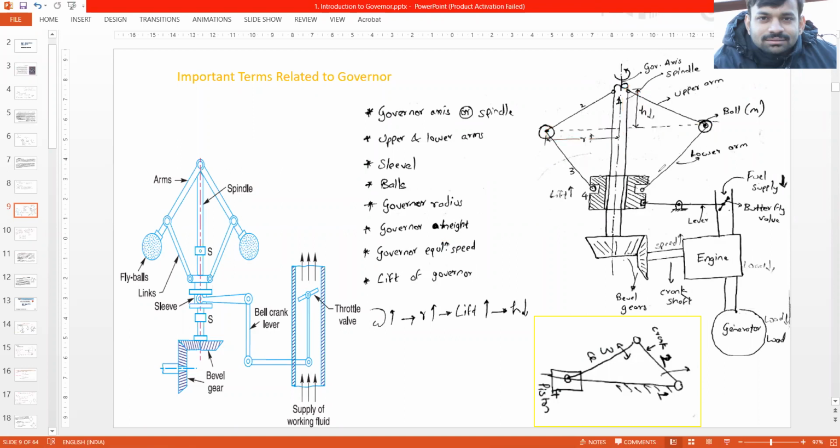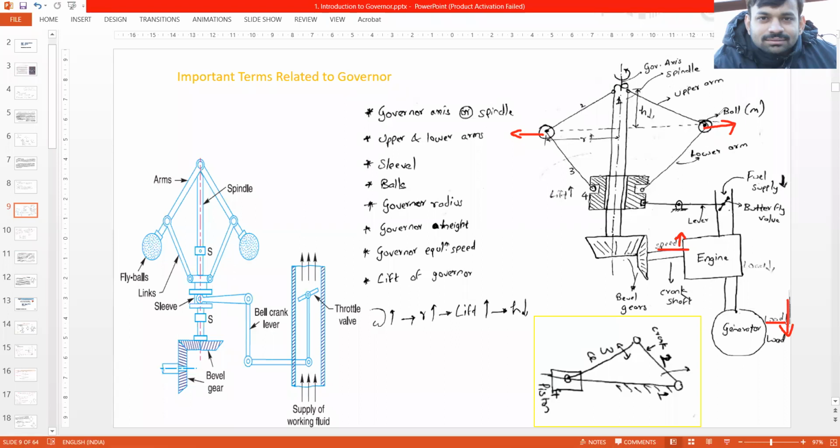So understand this: when the speed of the engine increases, that is, if the load of the engine decreases, what happens? The speed will increase. If the speed is increasing, that means these balls, under the action of centrifugal force, will try to move out. They will start rotating at higher speeds.